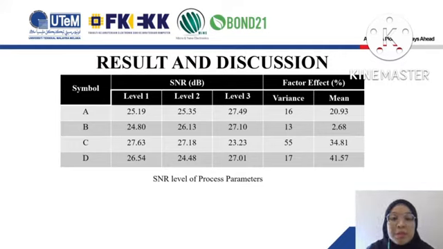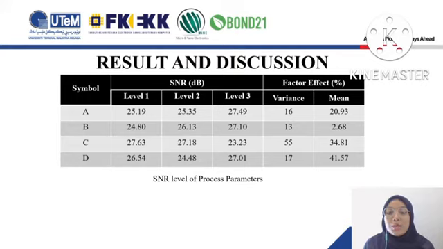From the table, it shows symbol C, which is SD implantation parameter, has the highest contribution of variance, which is 55%, followed by symbol D, which is SD tilt angle, which has 17% of contribution. While symbol A contributes only 16%, and last but not least symbol B contributes 13% only.